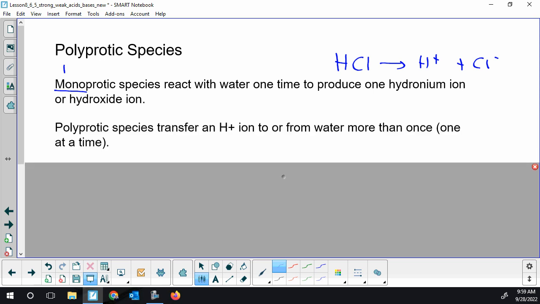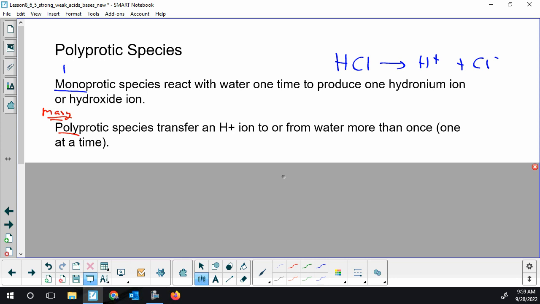We're going to talk about polyprotic species now. The poly just means many. Now, if they're polyprotic acids or bases, diprotic is going to be the most common. There's a few triprotic, they're quite rare, and you're not going to see more than 3 in this course, and you'll rarely see 3 or more happening in nature with solutions.